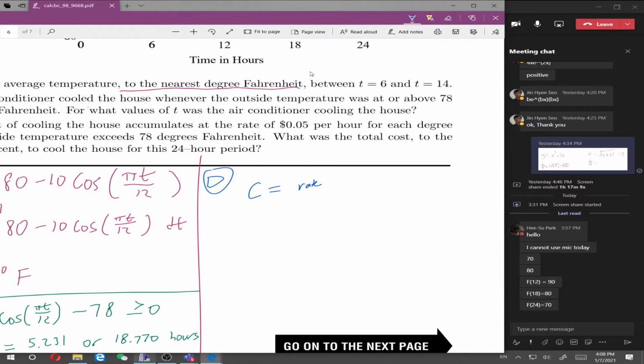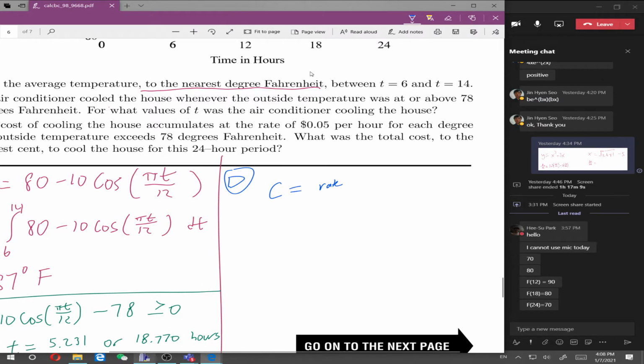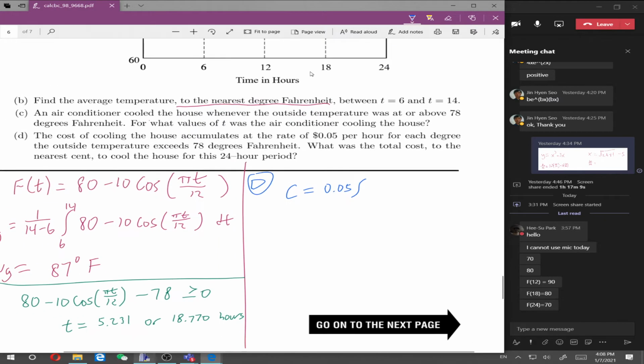So this is 5 cents per hour for each degree. So our rate then, you said rate times integral, so that would be 5 cents times an integral. From what to what? 5.231 to 18.770.